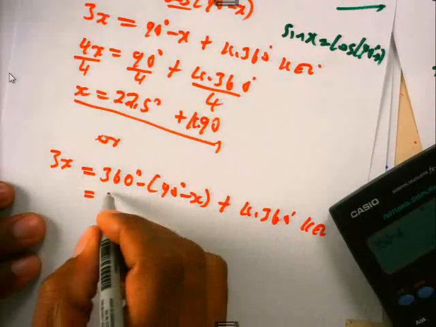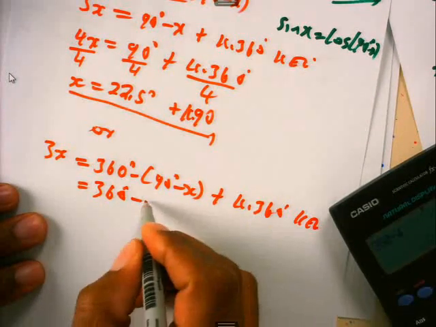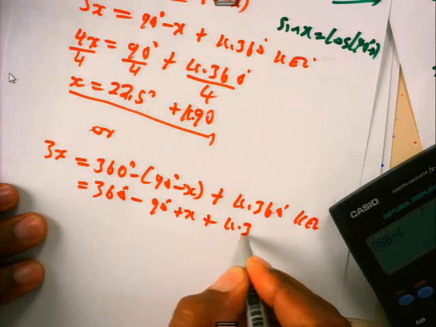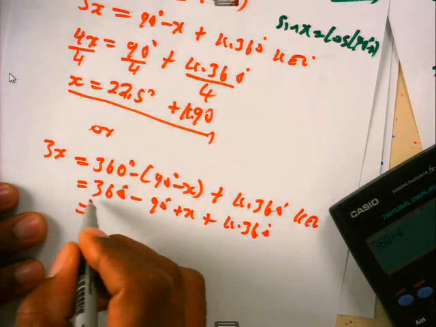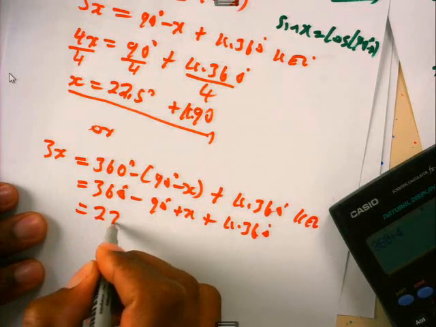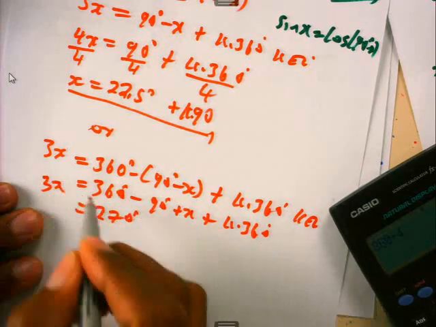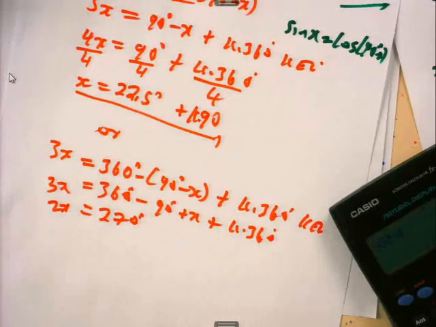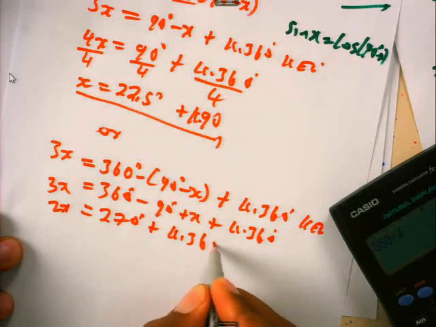When I simplify this, that is 360 degrees minus 90 degrees plus x plus k times 360. 360 minus 90 is 270. Now we take x to the other side, so that will be plus x. Then we have 2x, because 3x minus x, and plus k times 360.